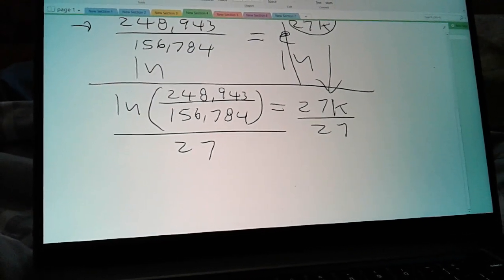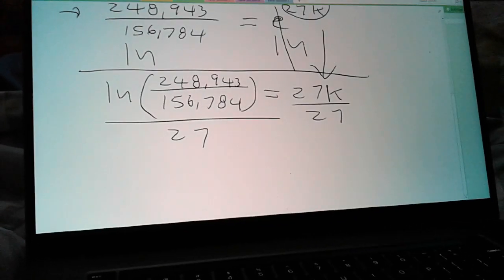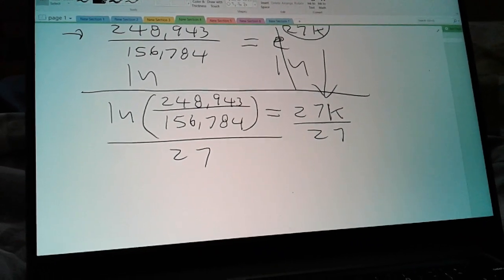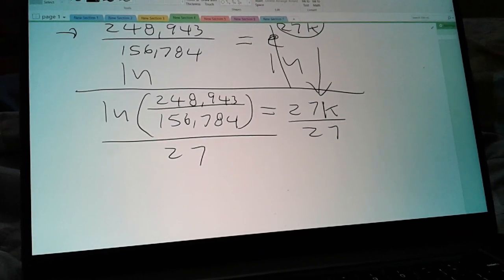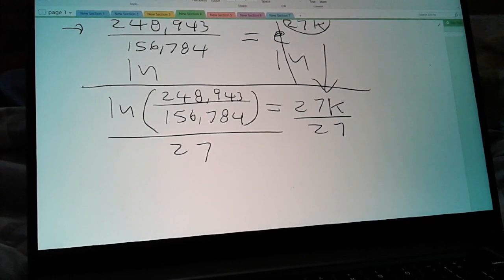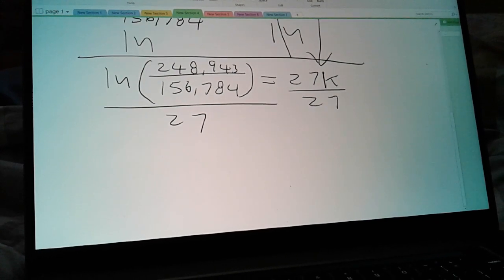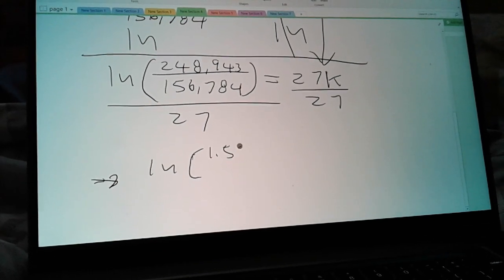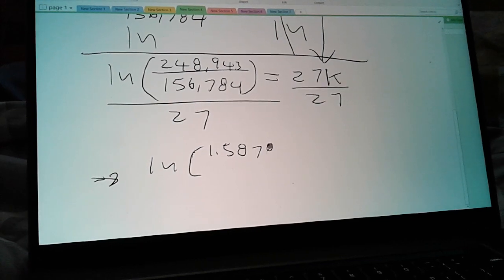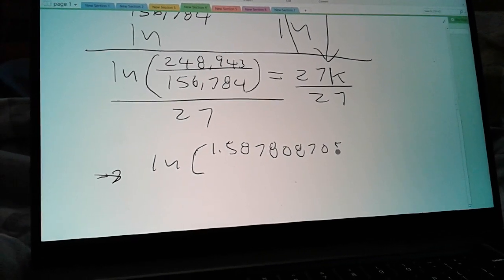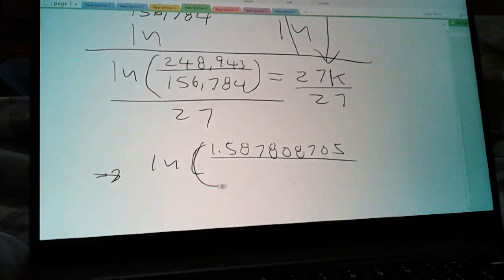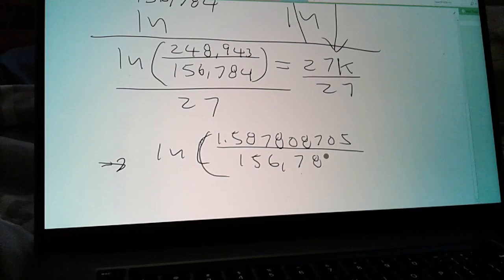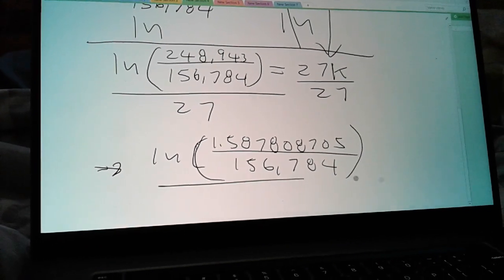So if I take ln of 248,943 and divide it by that, let's see what that actually is. So it's like doing ln of 1.587808705 divided by 156,784 divided by 27.